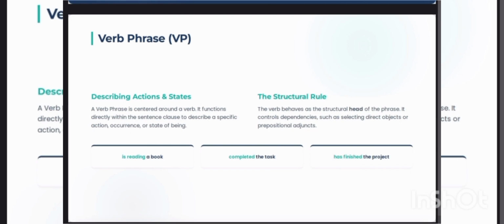In these examples, the verbs reading, completed, and finished act as the head of the phrases. Verb phrases are essential because they tell us what is happening in the sentence. For example, the student completed the assignment. The phrase completed the assignment forms the verb phrase and tells us what action the student performed. Without verb phrases, sentences would lack action and meaning.